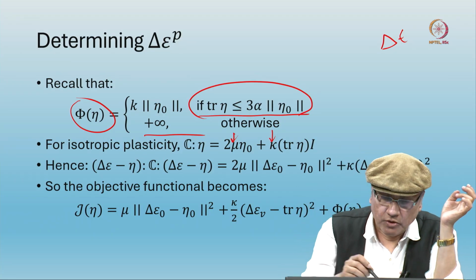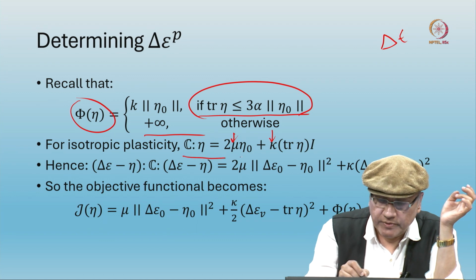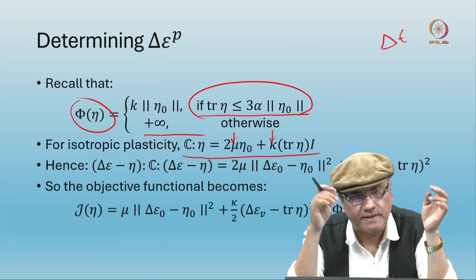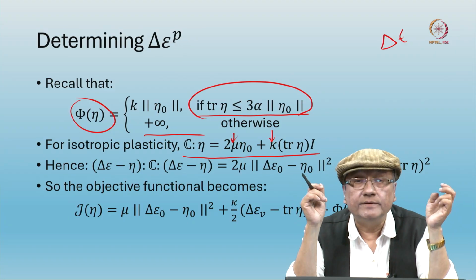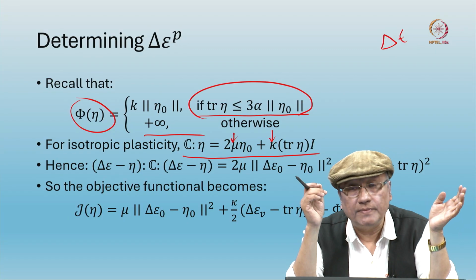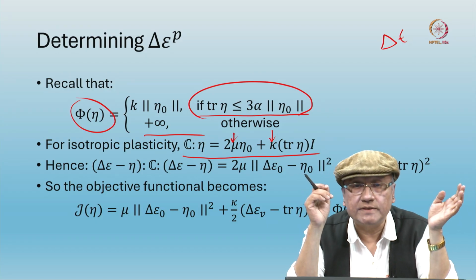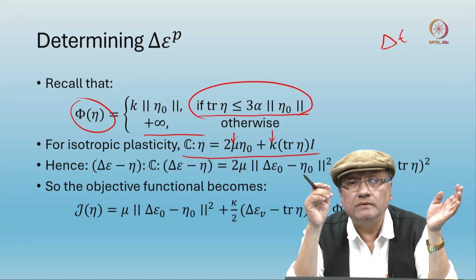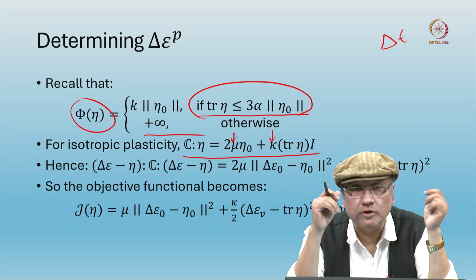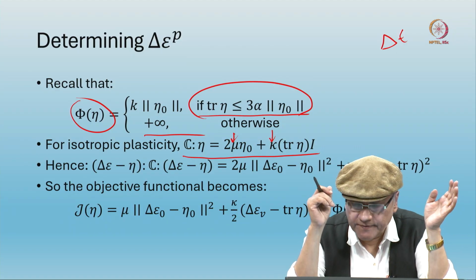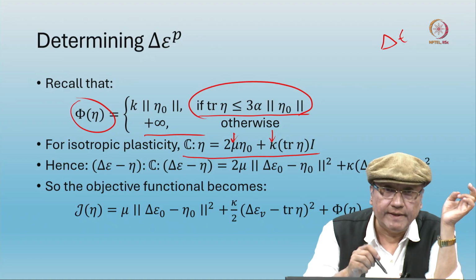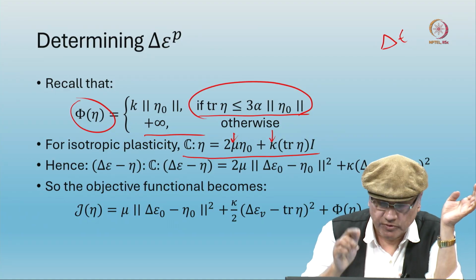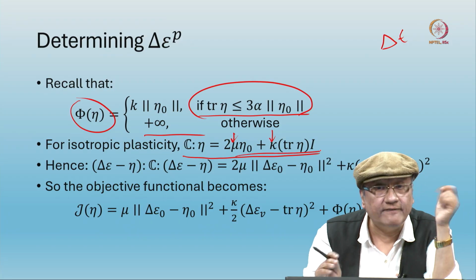So C inner product with eta can be written as 2 mu eta 0, the deviatoric part of eta, plus the volumetric constant kappa, which is the bulk modulus, times trace of eta times I. Okay, so this is the requirement. Even when it is a plastic strain increment, the same relationship is valid.